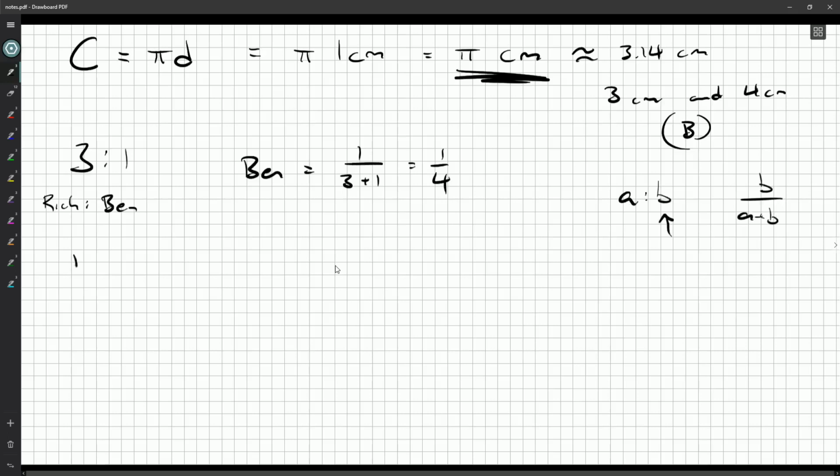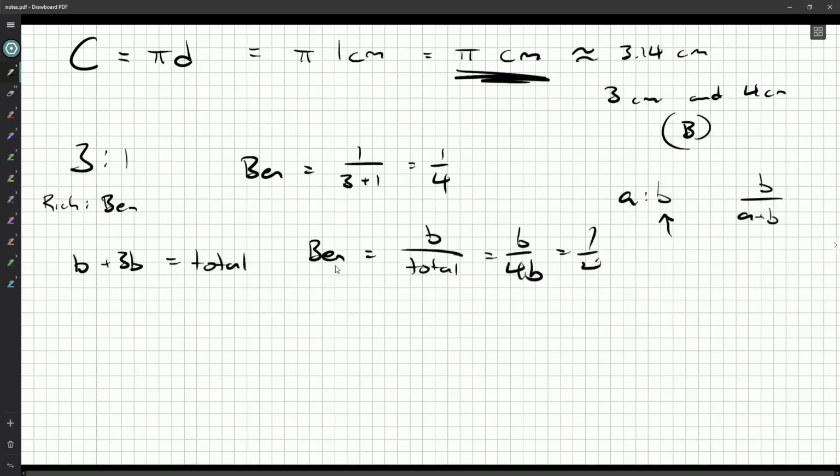If Ben ate B of the cake, Rich ate 3B of the cake, and that equals the total. The fraction Ben ate is B out of 4B, and that's why it's equal to 1/4.